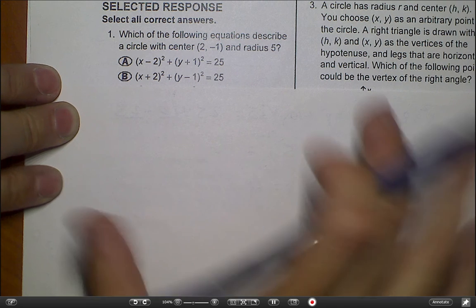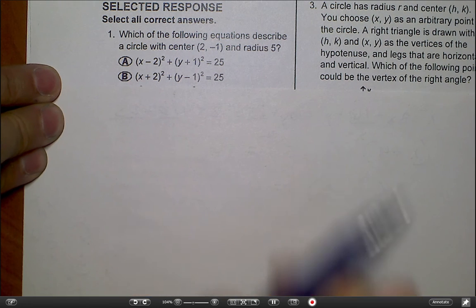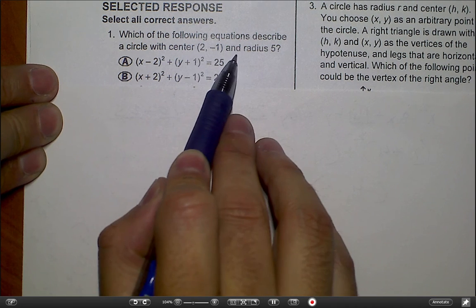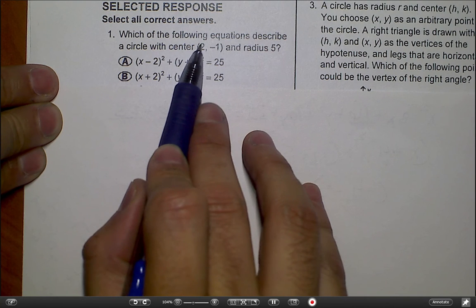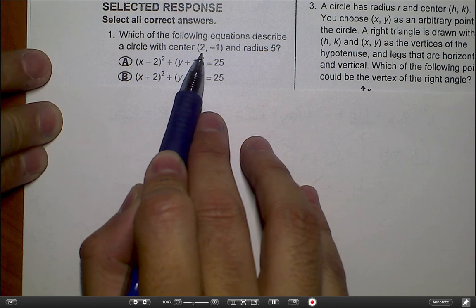Alright. So now, my equation of a circle is always going to be the opposite of this.